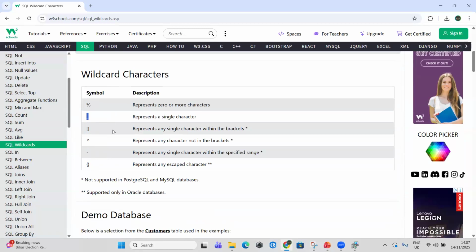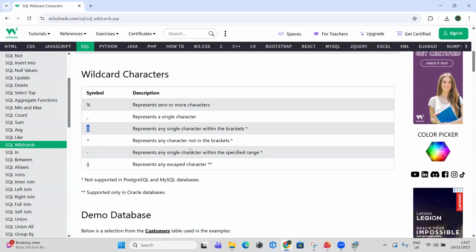Underscore represents a single character. The way you saw in the London example, similarly, you could replace the underscore with brackets. Brackets also represent a single character.